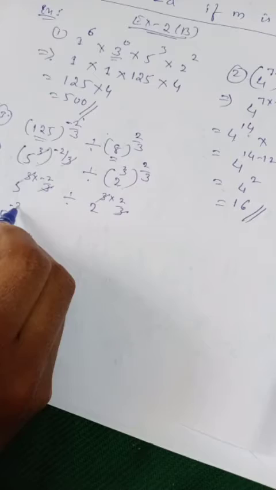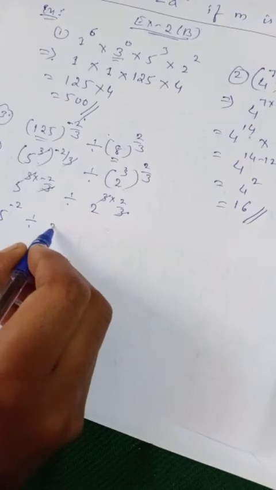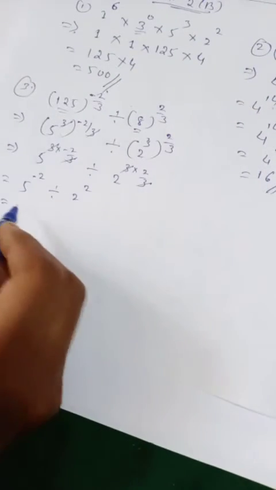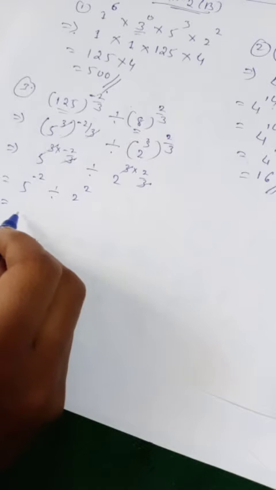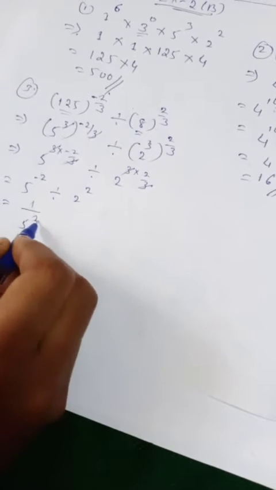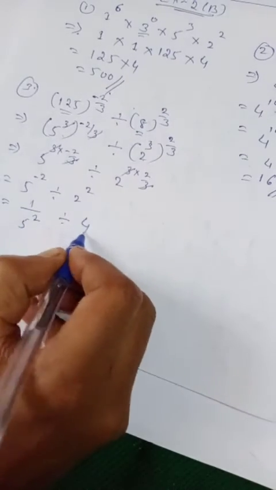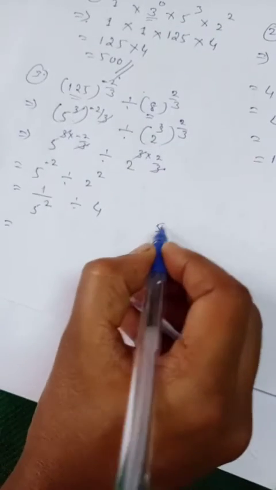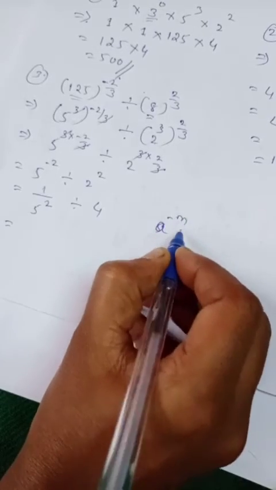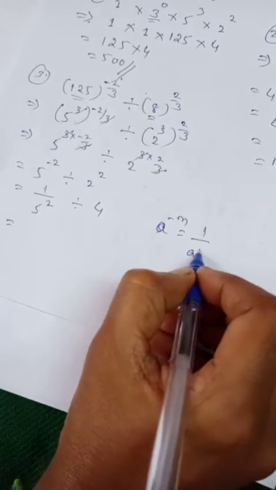So 5 to the power minus 2 divided by 2 to the power 2 is equal to 5 to the power minus 2, which I'll write as 5 to the power 2 in the denominator, divided by 4. Why? Because a to the power minus m is equal to 1 upon a to the power m.